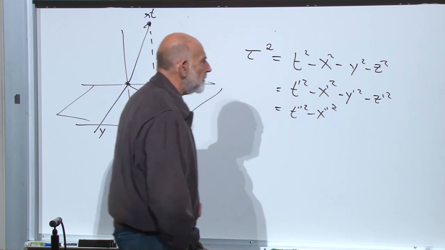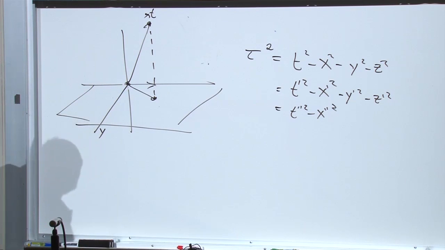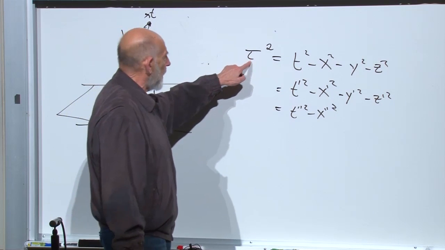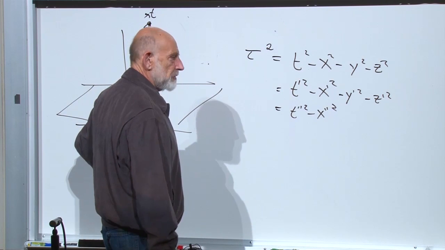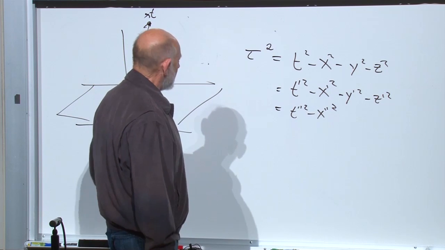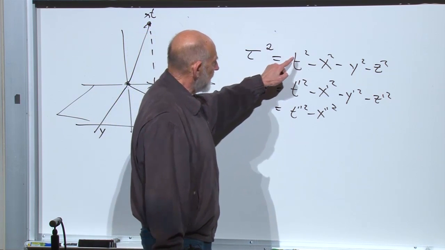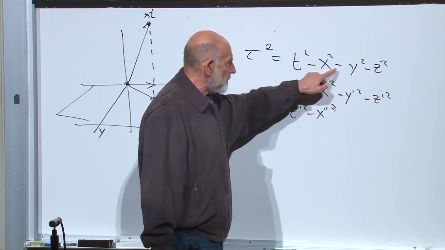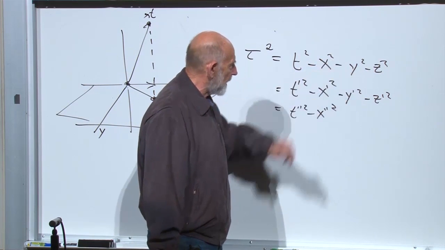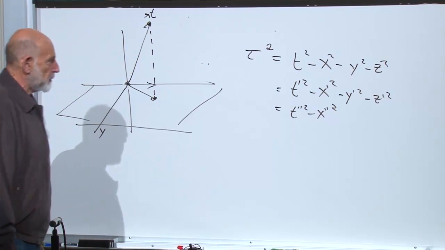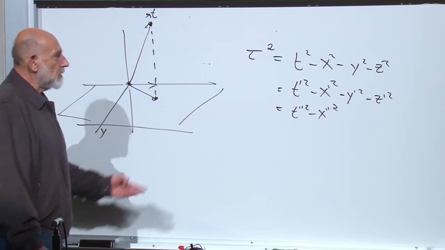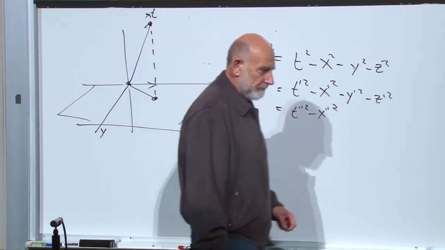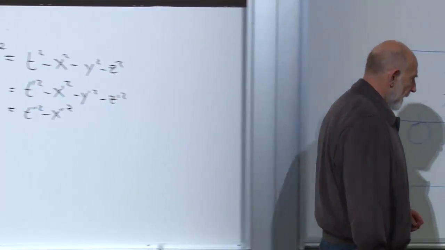So if we're not working strictly along a one-dimensional axis, the invariant proper time between the start of a clock and the place where the clock gets to is given by t squared minus the square of the spatial distance. This is just Pythagoras' theorem applied to x, y, and z. And that's the notion of proper interval, and that's the one we'll work with.